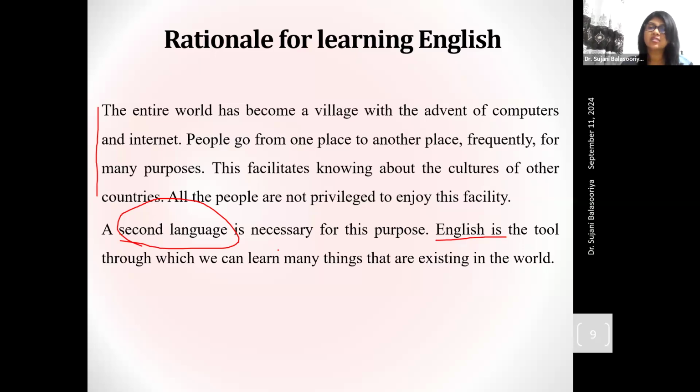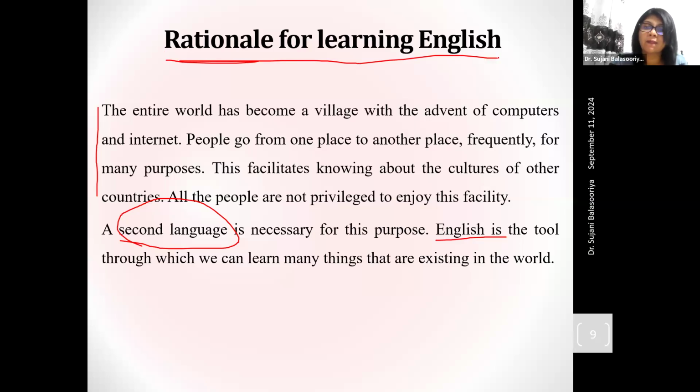So English is considered to be either a second language or a foreign language in countries, because we can learn many things by using the English language. Therefore we use it as a link language, and that is the rationale. That is why we have to learn English.